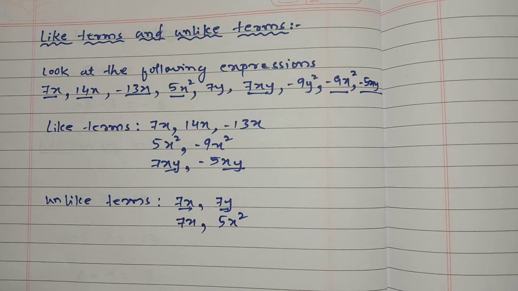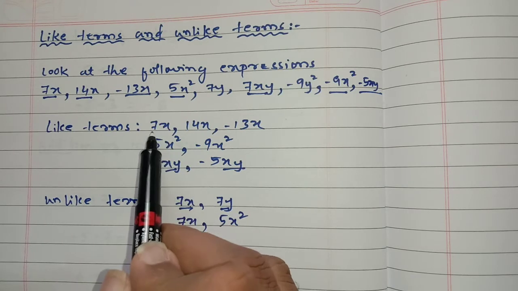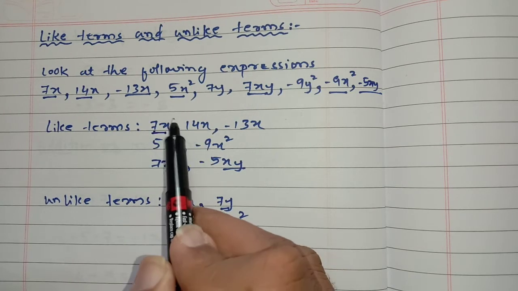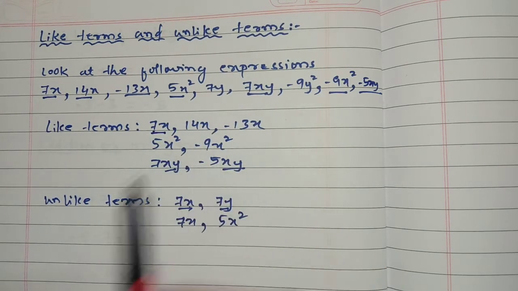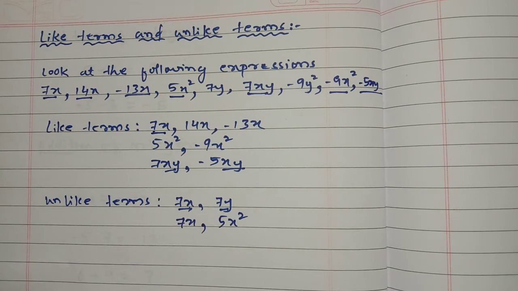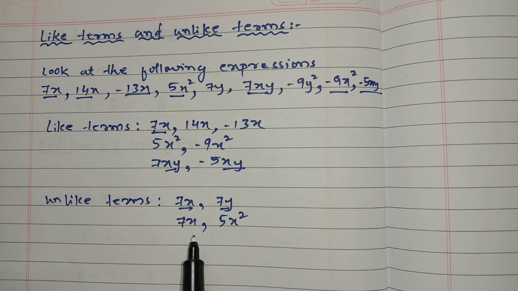In like terms, the variable and power both are the same. If variable and power both are the same, then only we can say they are like terms. Otherwise they are considered unlike terms.